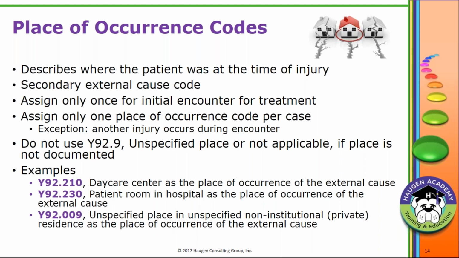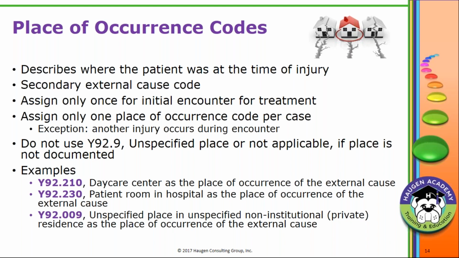There's also a coding guideline that says not to use Y92.9 for unspecified place if the place is not documented. And I, for one, find this absolutely ridiculous. Why have a code if we have a coding guideline that says never to use that code?